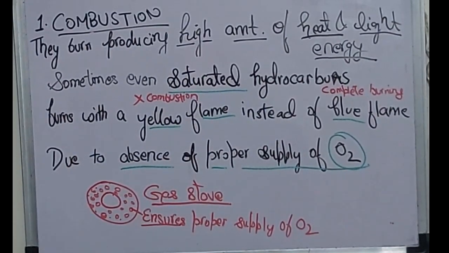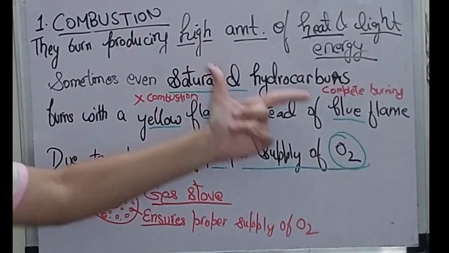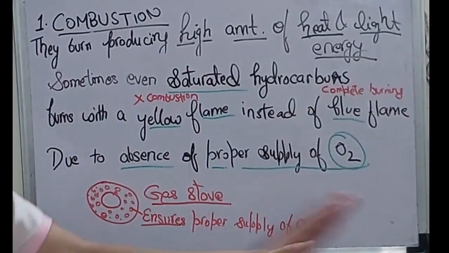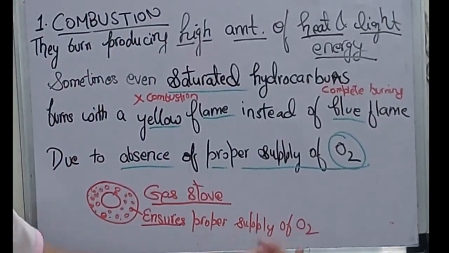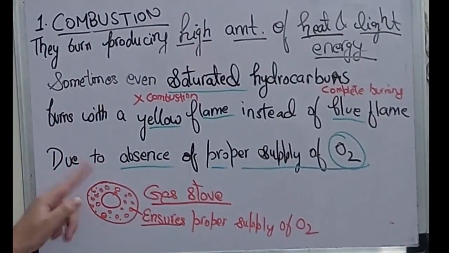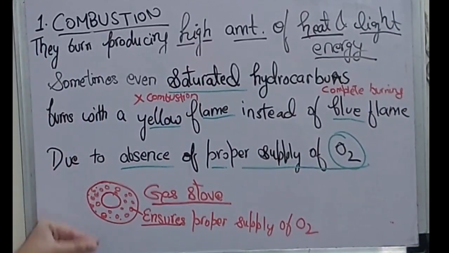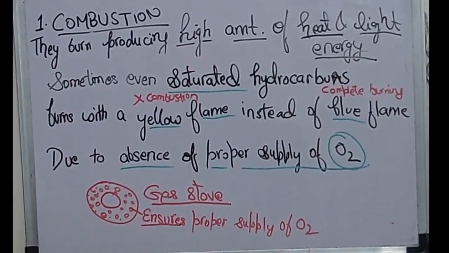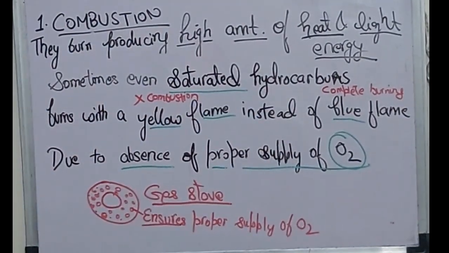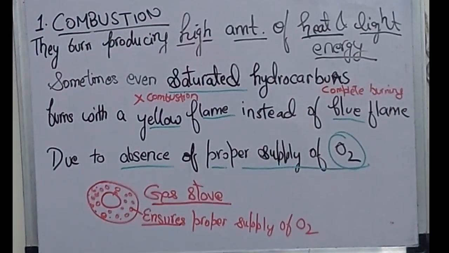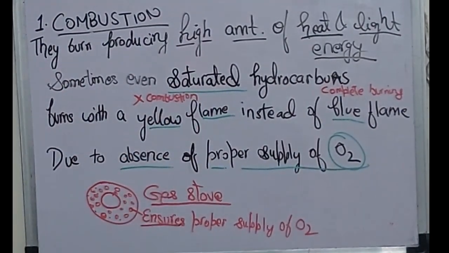Not at all. What I want to say is that saturated hydrocarbons burn completely, but only when there is a proper supply of oxygen. That is why your gas stove has small holes. If proper supply of oxygen doesn't come sometimes in our house, when these saturated hydrocarbons don't receive the proper supply of oxygen, they produce a yellow flame, meaning they don't burn completely.